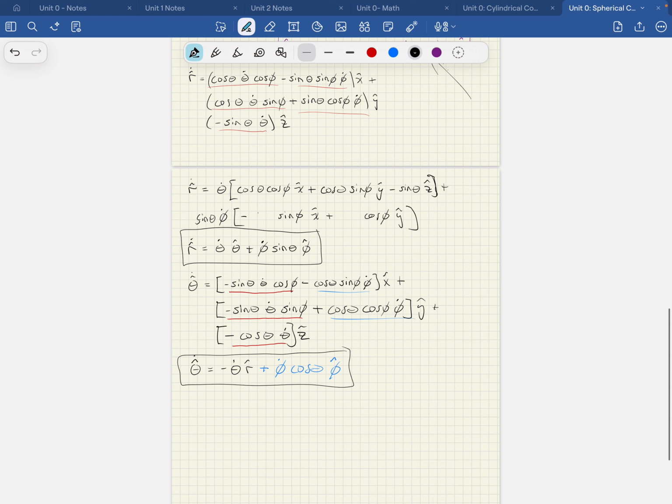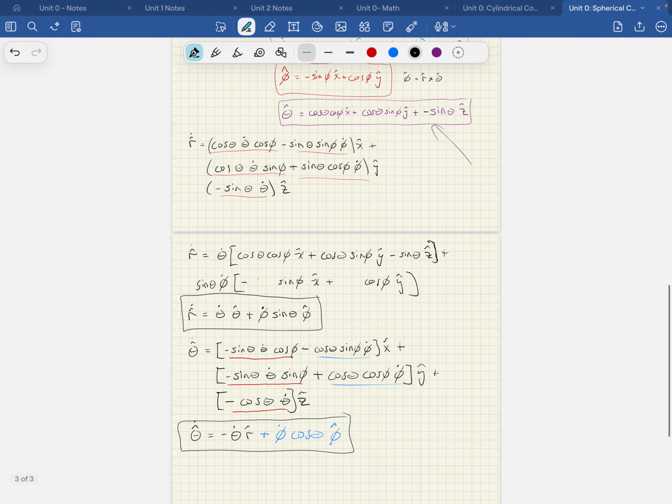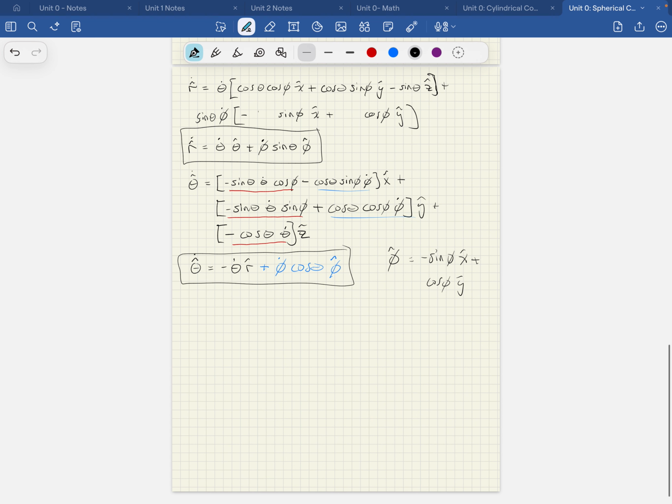Lastly, let's look at phi hat dot. So let me bring that back down here. So phi hat is equal to minus sine phi x hat plus cos phi y hat. Okay. So we need phi hat dot.